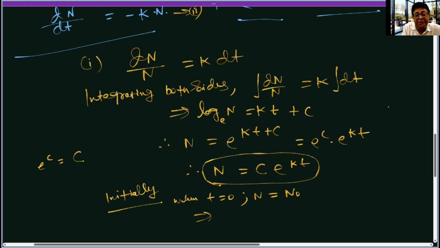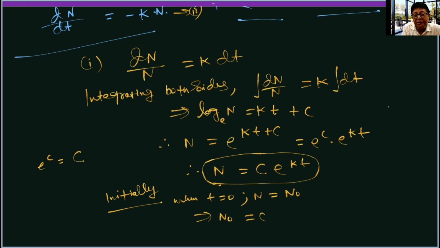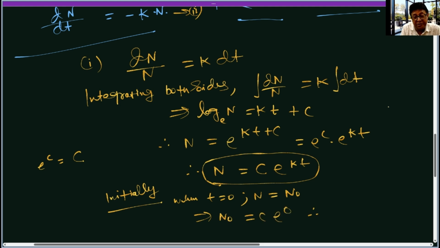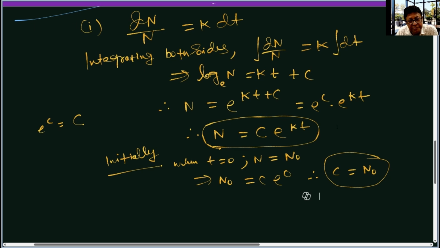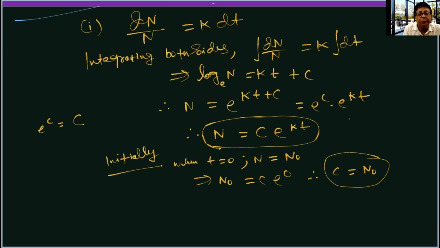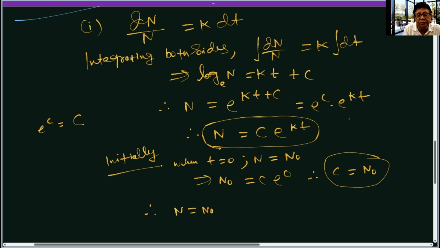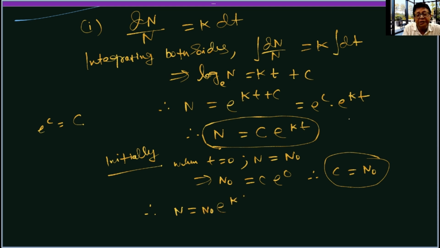Then by using this we get N0 equal to C e to the power 0. C is N0 only. Clear? So therefore, N will be equal to N0 e to the power kt. This is true for the growth model.